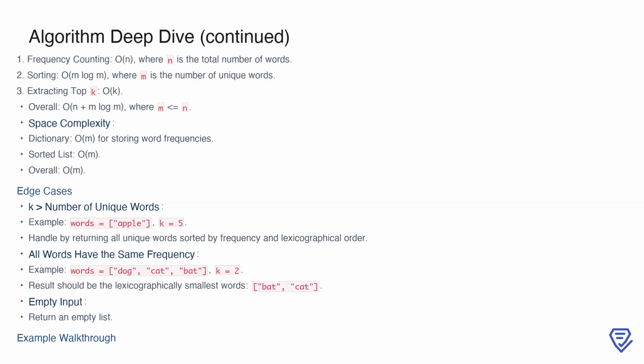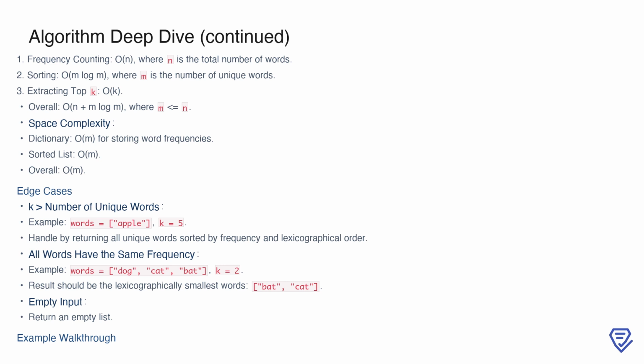To analyze the algorithm's complexity, we break it down into three main steps. First, frequency counting has a time complexity of O(n), where n is the total number of words in the input. Second, sorting the list of unique words requires O(m log m), where m is the number of unique words, and since m is always less than or equal to n, this step dominates the overall complexity.